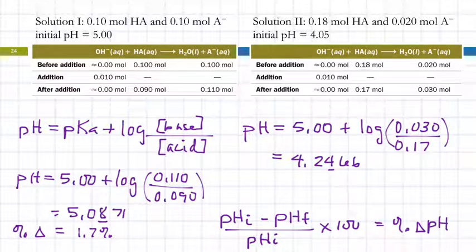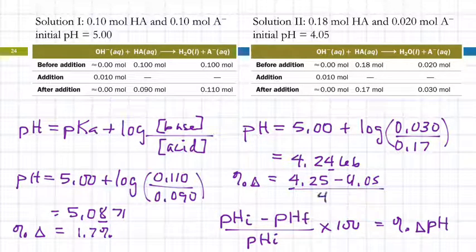So the percent change here, that would be this new one, 4.25 minus 4.05 divided by 4.05 times 100. And then we get 6.2%.